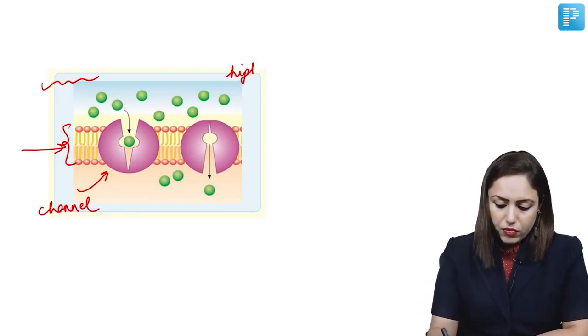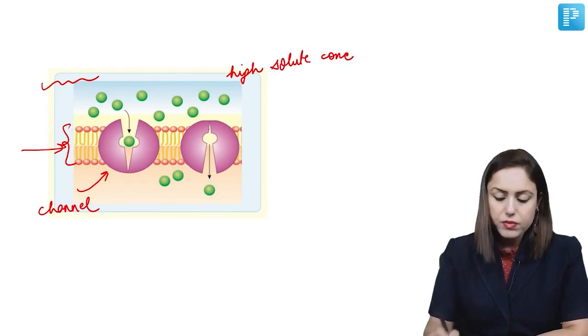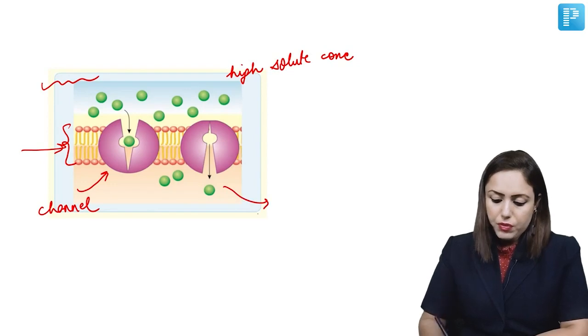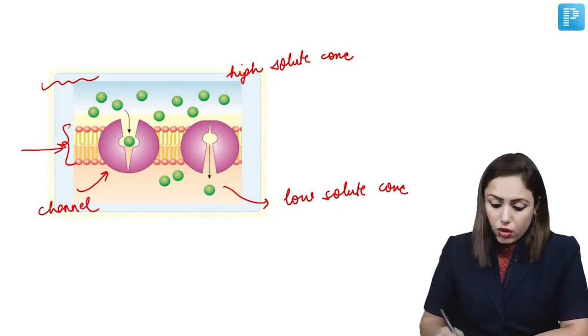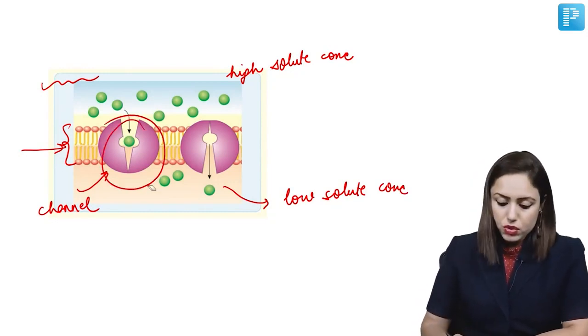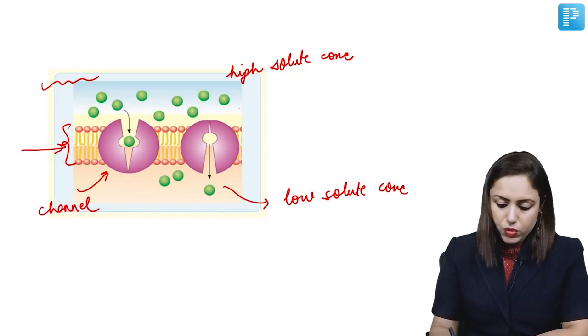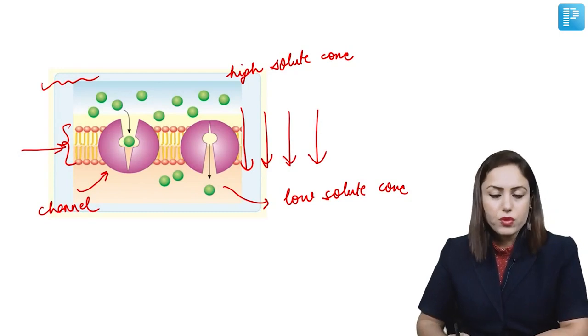This is the side of the membrane which is having high solute concentration, right? This side of the membrane has low solute concentration. The work of this transporter or channel is to take this solute from this side of the membrane to this side of the membrane.